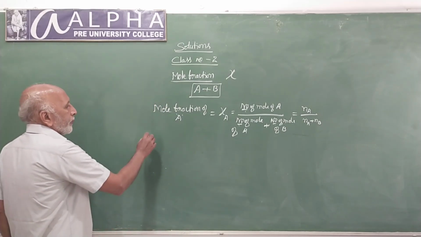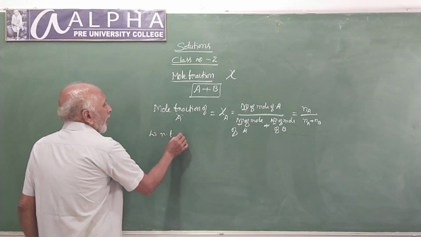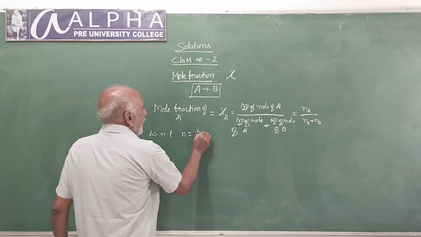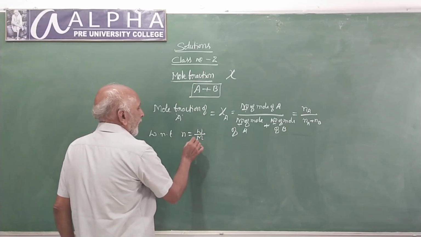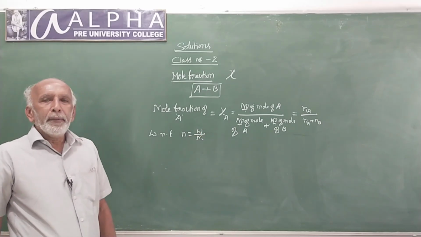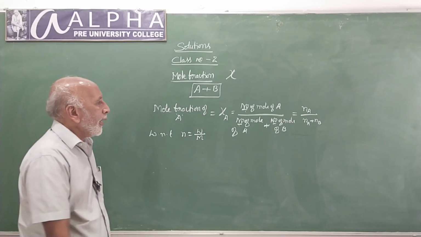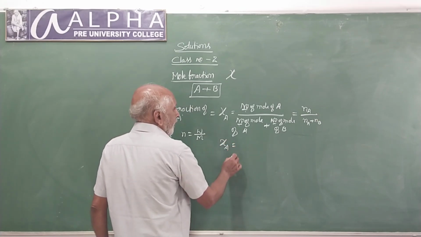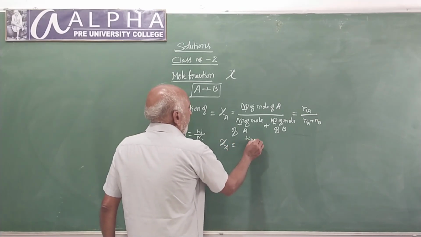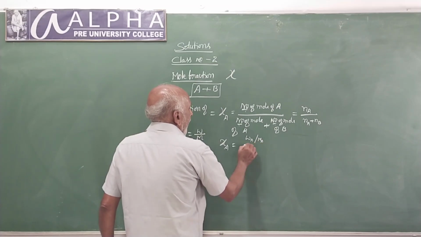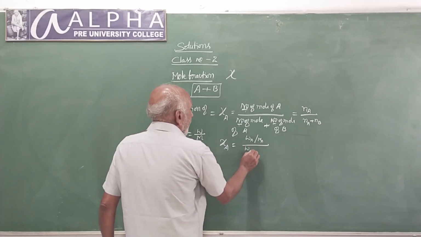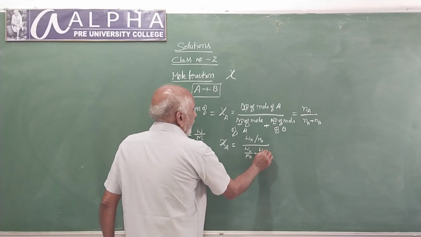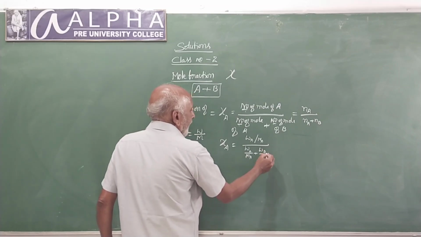We know that number of mole is equal to mass by molar mass. Here consider W is the mass, M molar mass. Now we can write this expression as chi A is equal to WA by MA over WA by MA plus WB by MB.